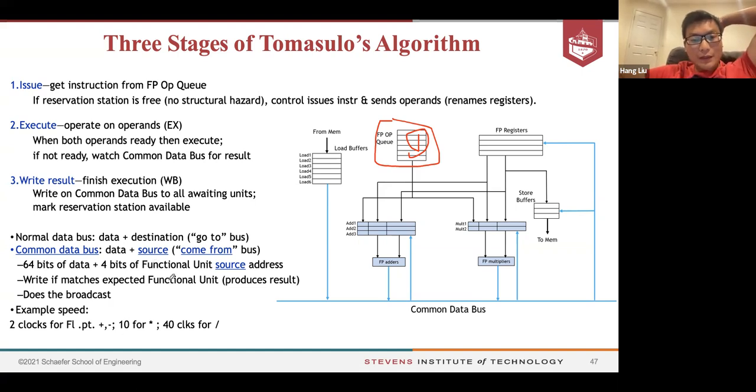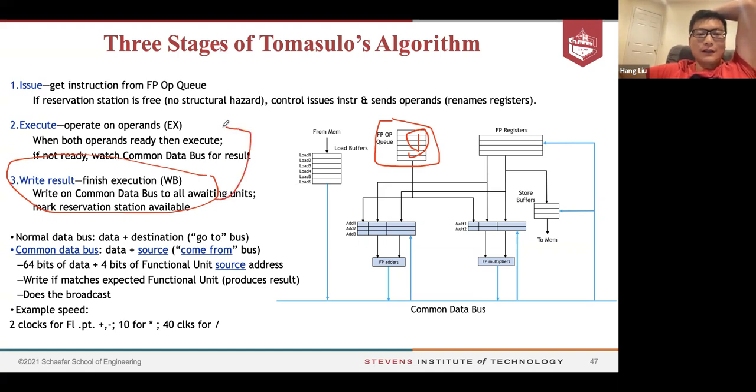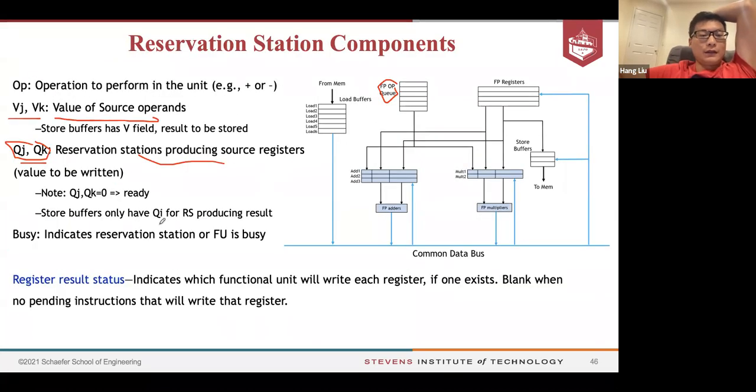So what we want to discuss next is how the write back will actually trigger the instructions that are counting on these results to go forward. When we write the specific instructions, how the QI and QJ will be triggered, okay?